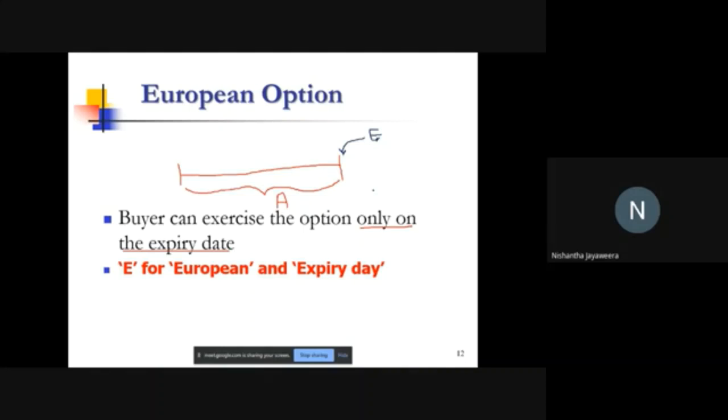Then again, we divide options into two groups, American style and European style, depending on when the buyer can exercise his or her right. If the buyer can exercise that right anytime during the period, then it's an American option. In a European option, the buyer can exercise the right only on the expiry date. That's the summary that we discussed so far on options.